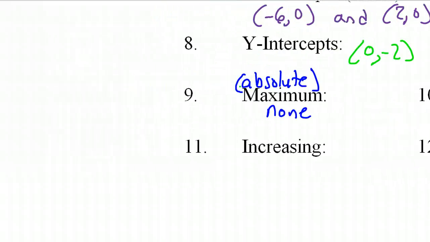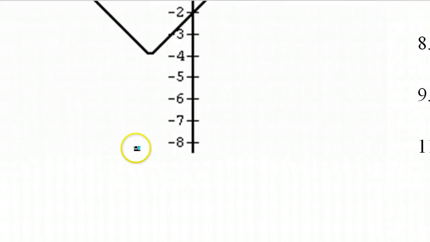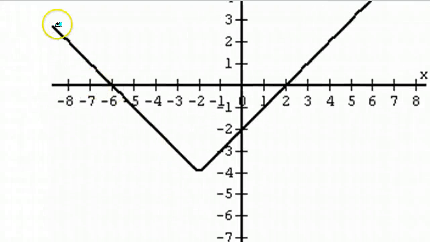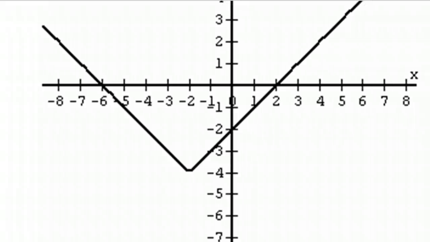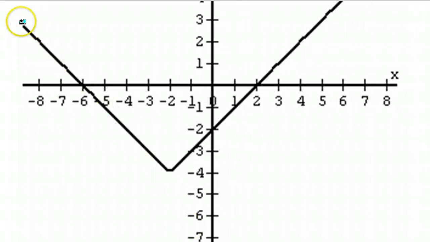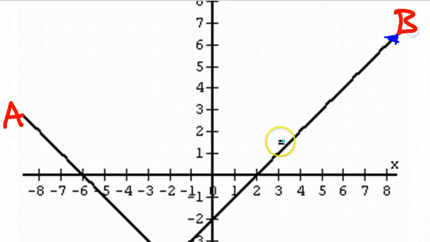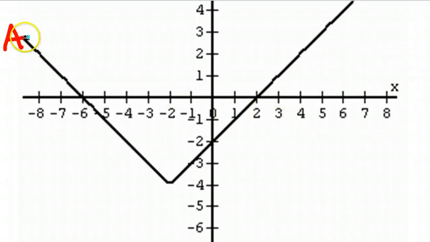Imagine that you are a small creature walking along this path like it's a mountain trail and you're hiking. We're trying to go from left to right, from point A to point B. For the first part of the journey, you're going downhill like this. Downhill, downhill, downhill, downhill.